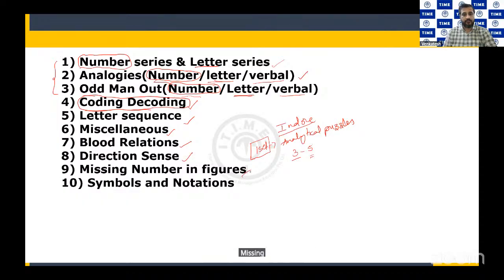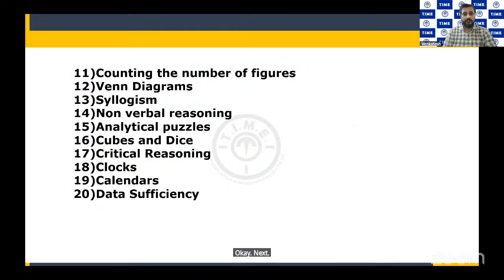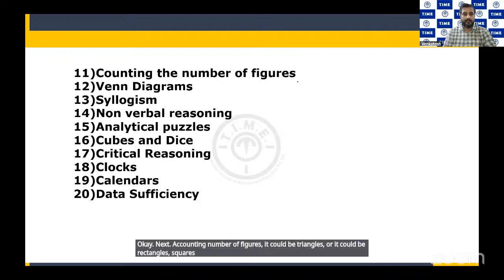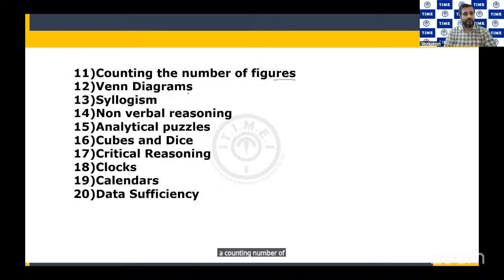Letter sequence and some miscellaneous kinds of questions: blood relations, direction sense, one of the important areas. Missing number in figures, regularly they will give. Symbols and notations, they won't miss in the exam. Definitely they are going to give. Next, counting number of figures. It could be triangles or rectangles, squares, circles. Venn diagrams. In the Venn diagrams, there are 2 types of questions: data-based questions and diagram-based questions.